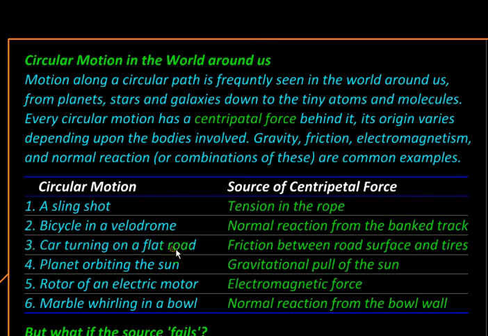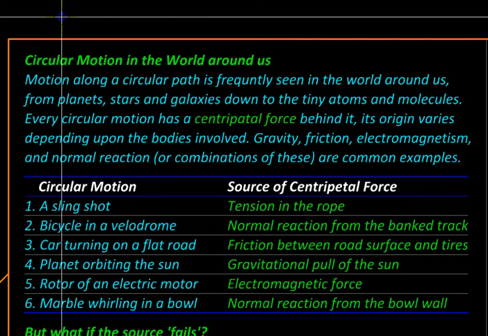For a car turning on a flat road, it is the friction between the road and the tires. For a planet orbiting the sun, it is the gravity of the sun. For a rotor of an electric motor, it is the electromagnetic force. And for a marble being whirled in a bowl, it is the normal reaction from the bowl wall.